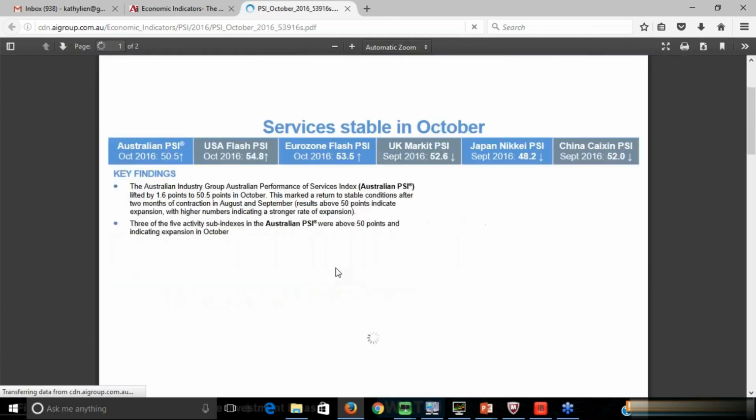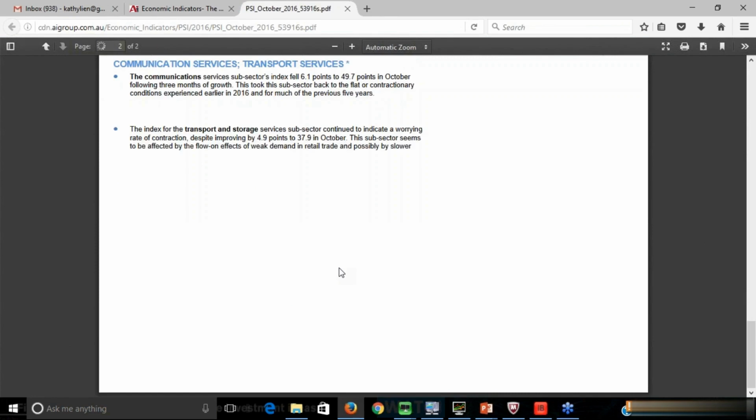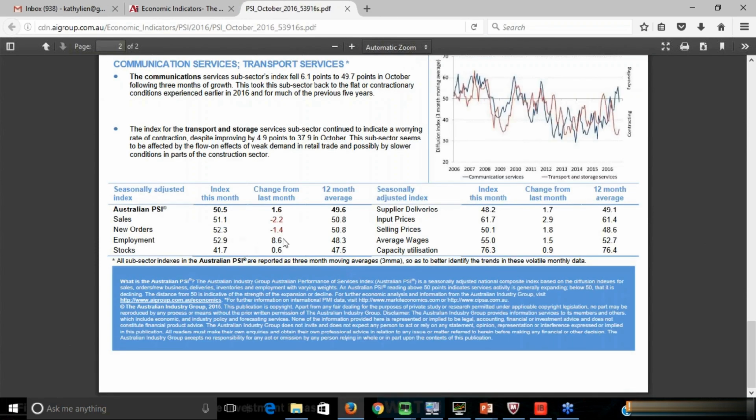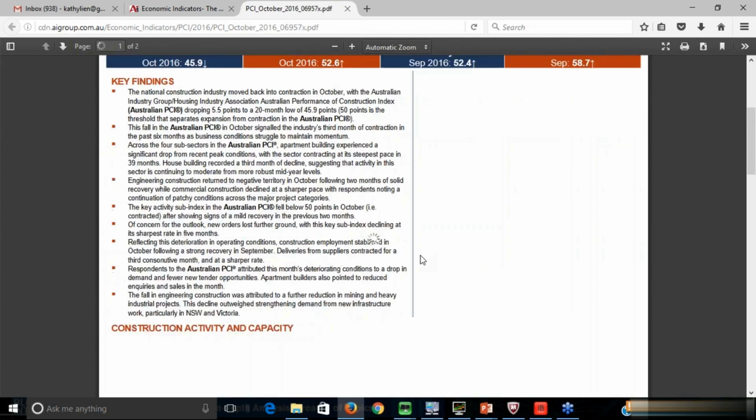Services sector. I'm just going to scroll to the very bottom. Services sector, they also show a big improvement in services employment right here. Service employment 52.9, an 8.6 jump. And then construction. Usually services and manufacturing are the most significant.